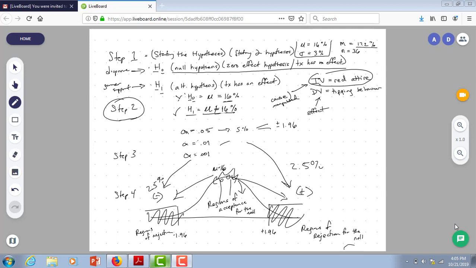Let me give you the other critical region boundary marker z-scores for other alpha levels. For 0.01, it is plus or minus 2.58, and for 0.001, it is plus or minus 3.30.